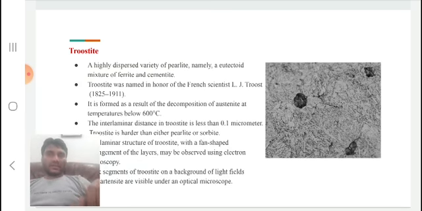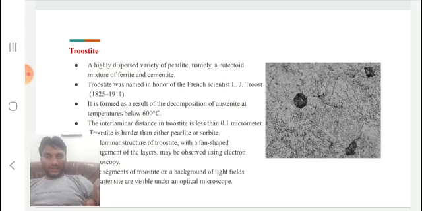So in this video session we have discussed the formation of martensite, lower bainite, upper bainite, trustite, sorbite, and then fine perlite, and then coarse perlite.